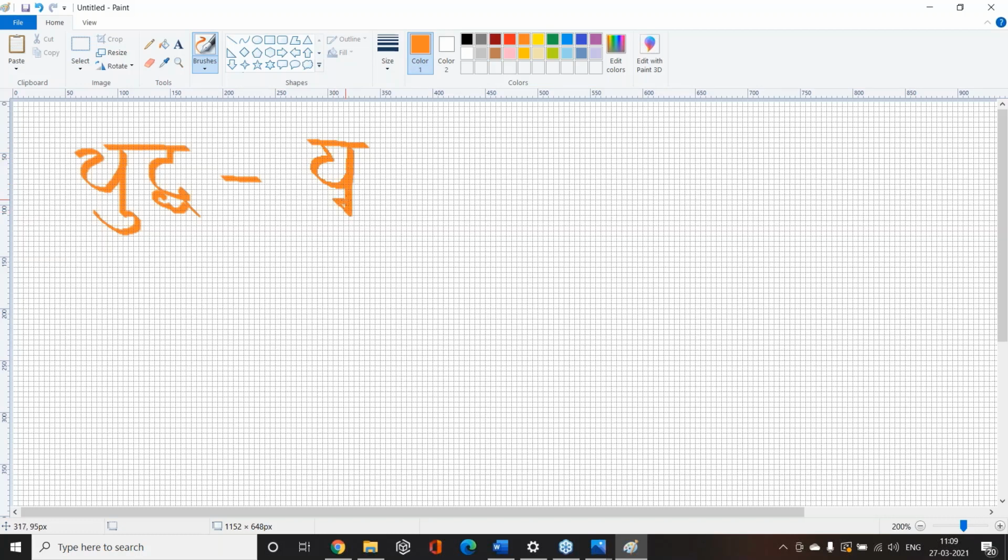Then the, and now this the, this would be written as per the rule like this. This is the shape that the takes when it is written below. Only when it is written below, it will take this shape. Otherwise, it will be written as it is.